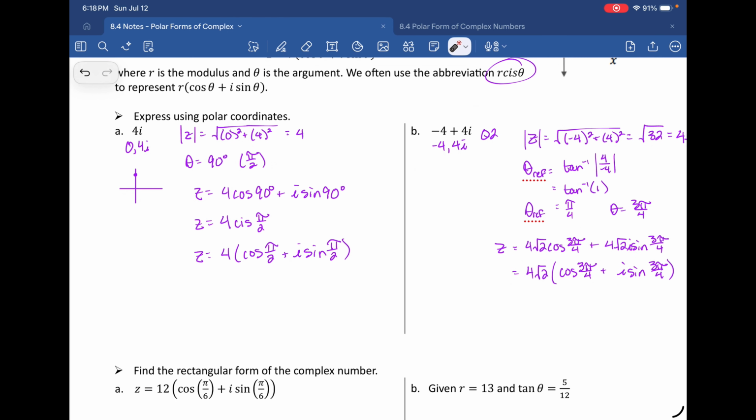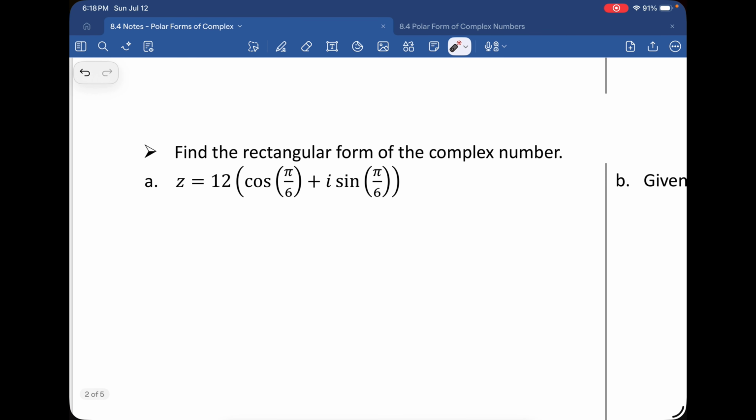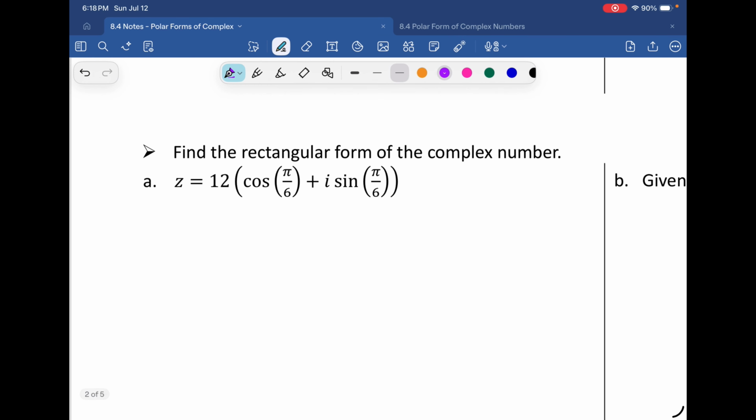So these two examples, we went from rectangular to polar, and now I'm going from polar back to rectangular. And so we want the x, which is radius cosine of your angle, and we want the y, which is radius sine angle.